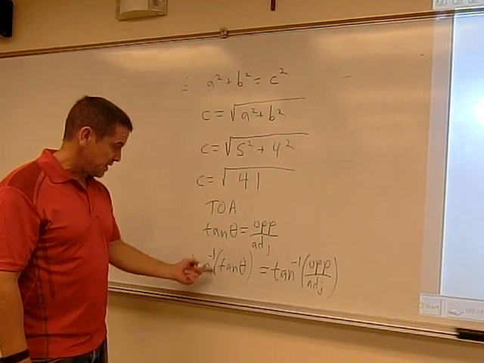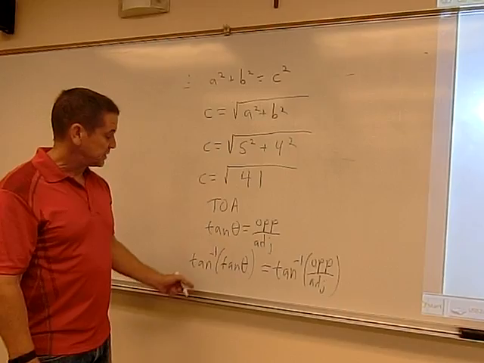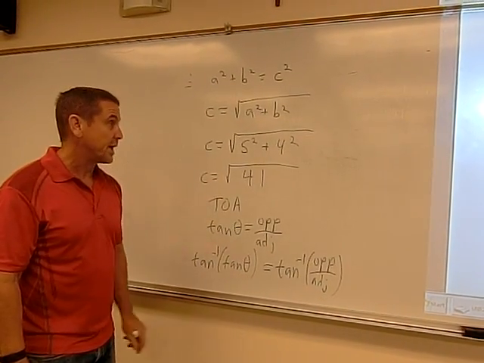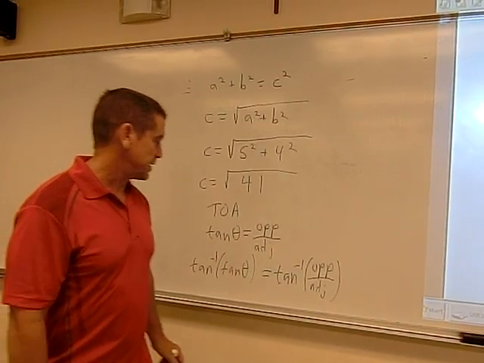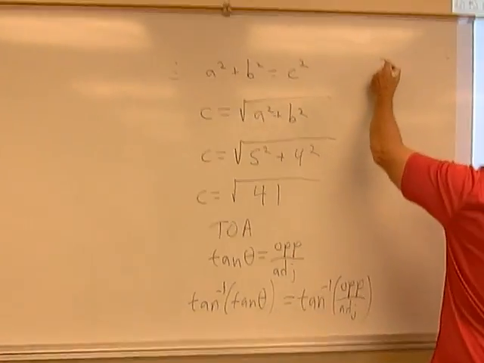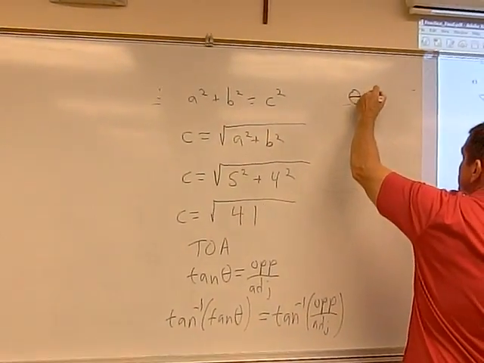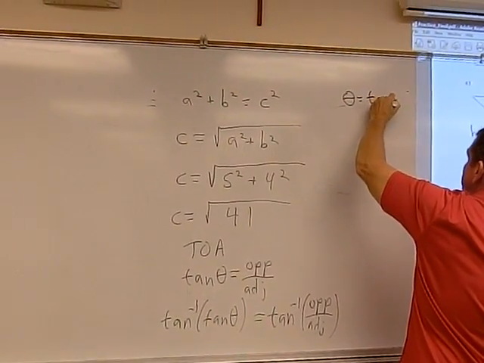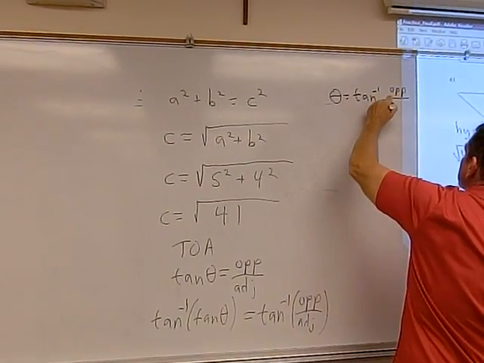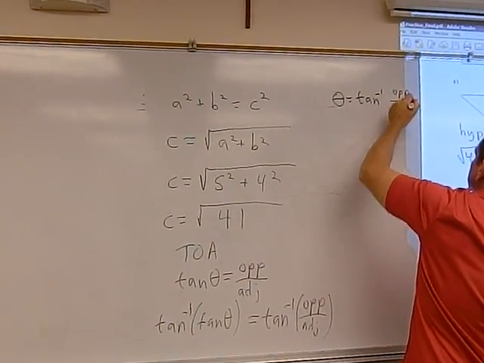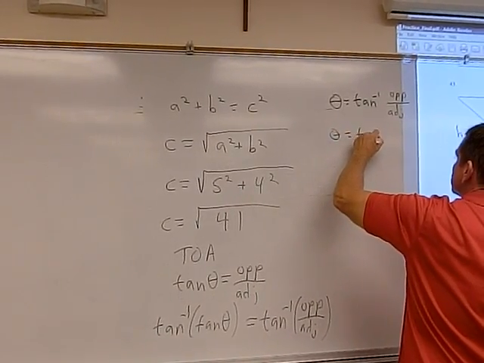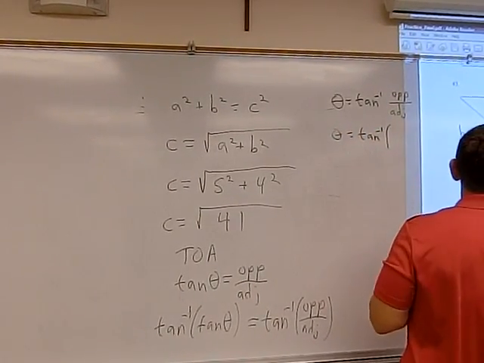It's the function that undoes the tangent. So when you take the inverse tangent of the tangent, you just get out what you originally had, which was the angle theta. Therefore, theta is equal to the inverse tangent of the opposite over the adjacent.